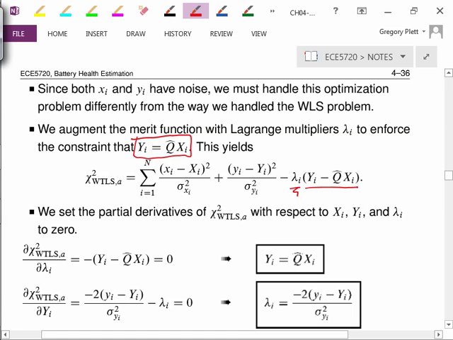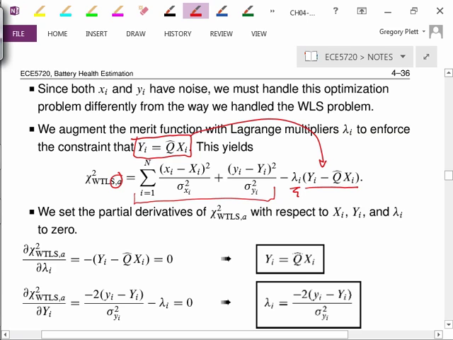So we use the Lagrange multiplier there, and we have an augmented weighted total least squares cost function. This part is exactly the same, but I have a lambda_i and then y minus qx, which is this constraint placed in right there.